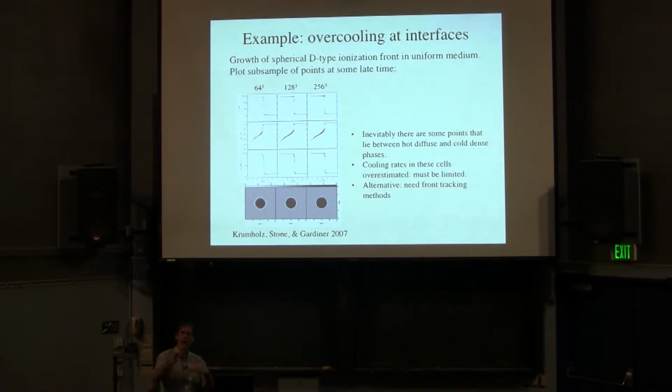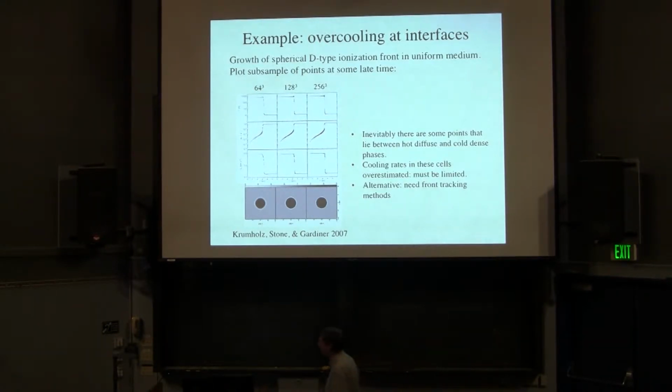There'll always be at least 1 at best, but usually 2 or 3 grid cells that lie between the 2 states you're trying to resolve when you have a discontinuity on a finite mesh, especially in multi-dimensions. And so there's always going to be some cells here. And of course, you want to get as few as possible to make this as sharp as possible. Using higher order methods and good shock capturing techniques, get this as thin as possible. But you're never going to make it absolutely thin with no grid cells there.